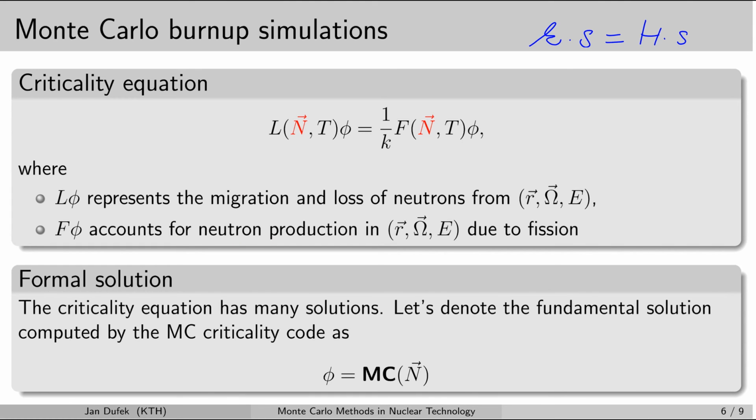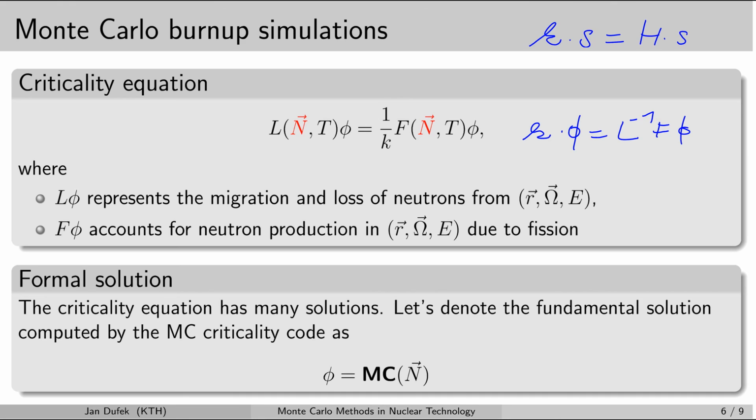Now I can rewrite this equation like this: K times the neutron flux equals the inverse operator L^-1, F, and the neutron flux.